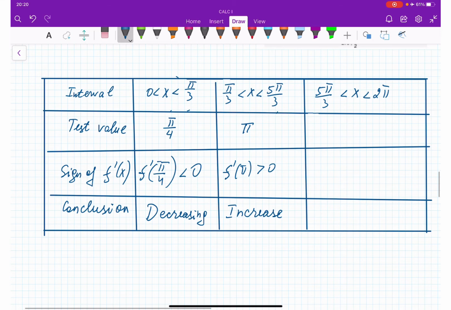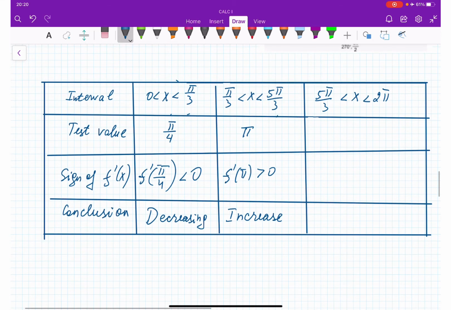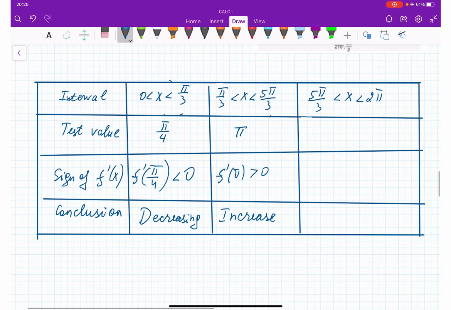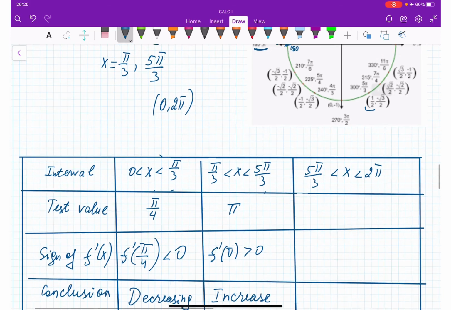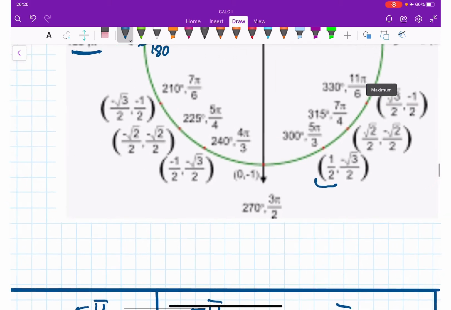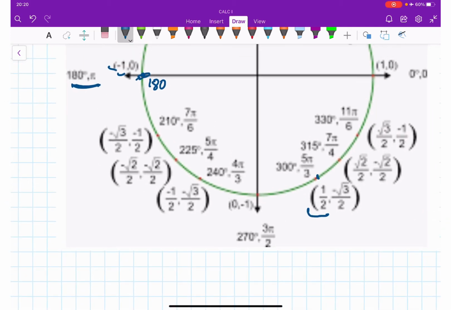And lastly, between 5 pi over 3 and 2 pi, which is between 300 and 360. So let's take 7 pi over 4, which is 315 degrees. Look, this point is 300, right? And this is 360.